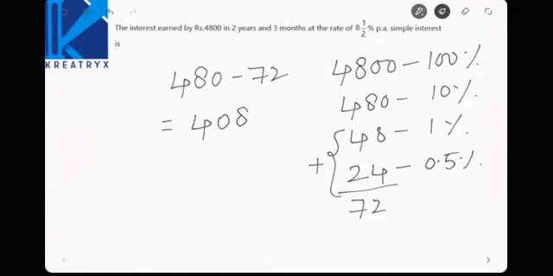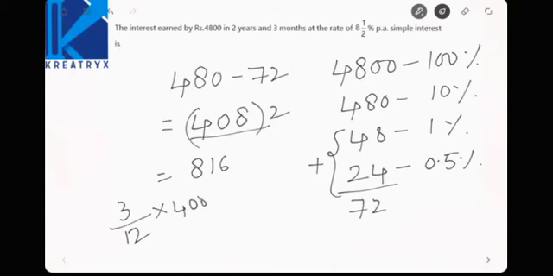You are asked to find out 2 years and 3 months. So for 2 years it will be 408 into 2, that is 816. Now for the 3 months, 3 months out of total 12 months is nothing but 1/4, and the yearly interest is 408, so this will be equal to 102.